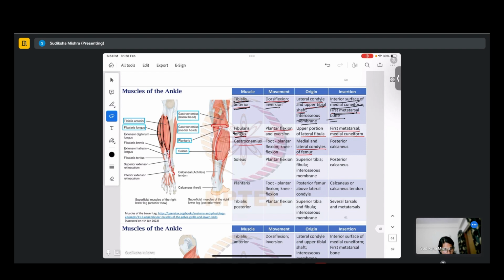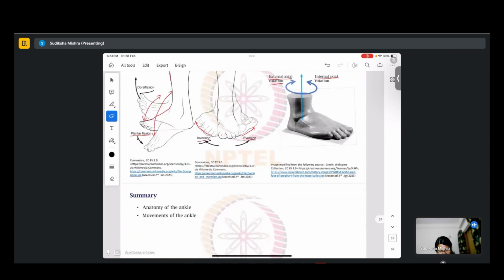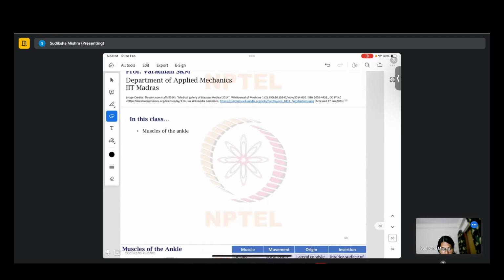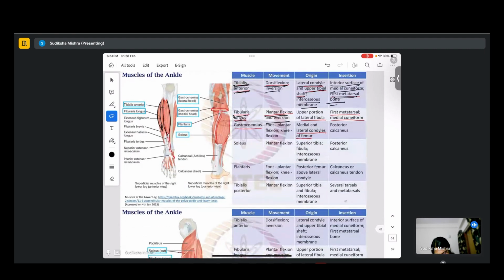It is responsible for plantar flexion and eversion. So plantar flexion and eversion, opposing movements, as tibialis anterior. This is the fibularis longus.